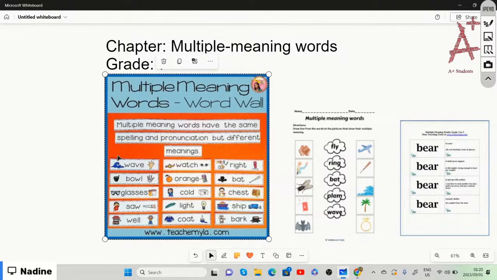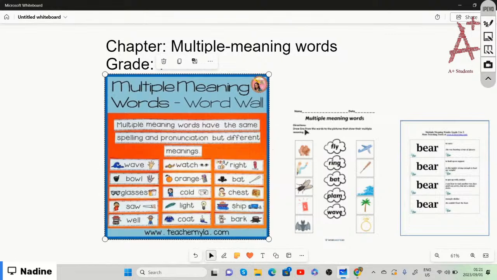Then we have glasses. One is sunglasses, eyeglasses, and the other one is glasses that we drink something out of. And saw, right? A person that saw means the past of see. And then we have another saw, which is to cut the trees, and so on and so forth.